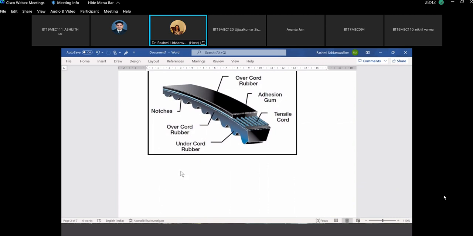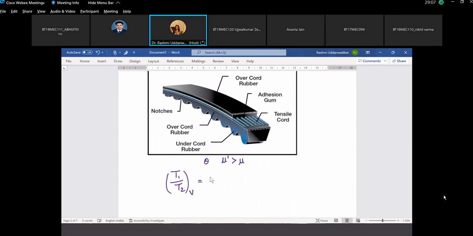Why we are worrying about this T1 by T2 for V belt and flat belt is we are trying to work out why the power transmission capacity in V belt is increasing. As I said, for the same value of theta for flat belt and V belt, since mu dash is greater than mu, T1 by T2 in case of V belt is higher.